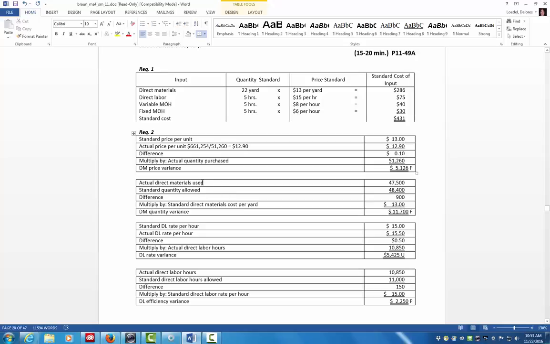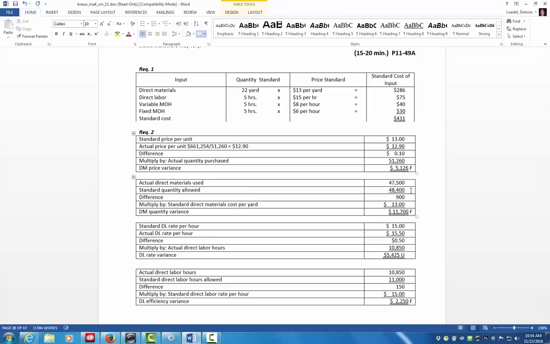Okay, next we're going to look at the direct material quantity variance. Okay, so the actual amount that was used, direct material quantity used, 47,500, and the standard, of course, given as 48,400. Again, all of this was given in the information.